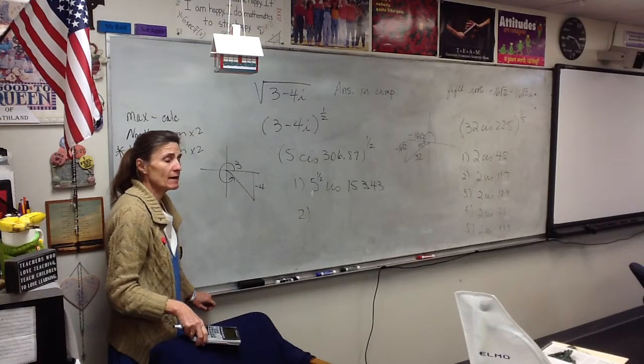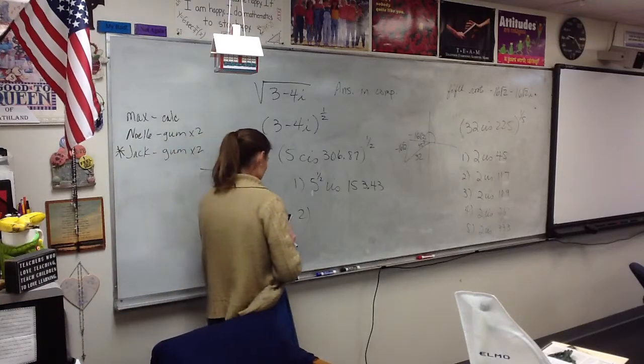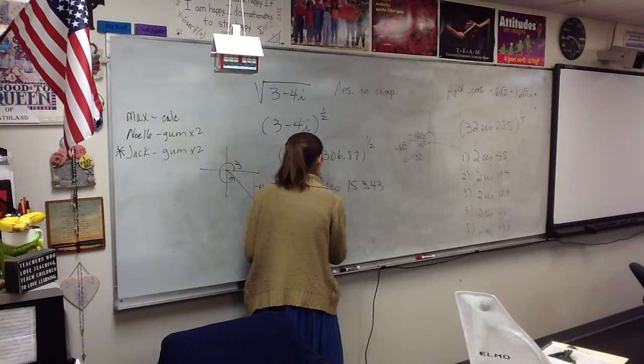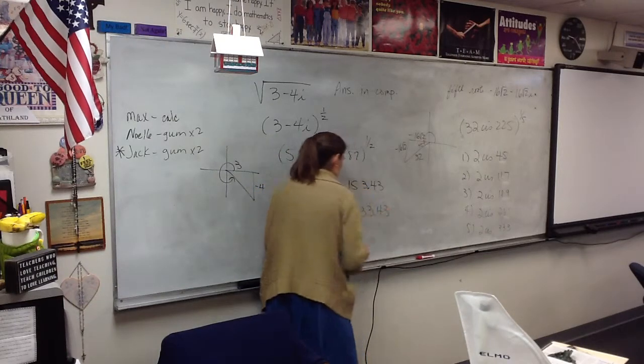How am I going to get the other answer? Just add 180. So I have 5 to the 1/2, CIS 333.43.